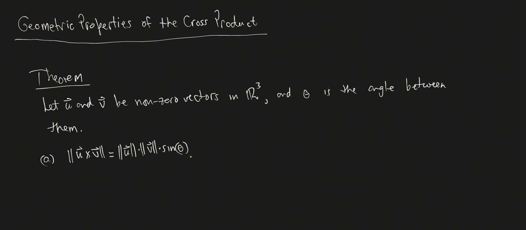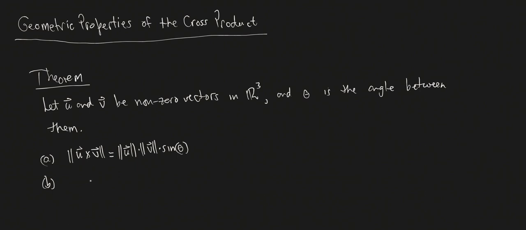And you might look at this expression and say, hey, that looks a little familiar. Yes, it looks a lot like an expression that we used for the dot product. The big difference being in the dot product, there was a cosine of theta. And now in this formula for the magnitude of the cross product, we have the sine of theta.